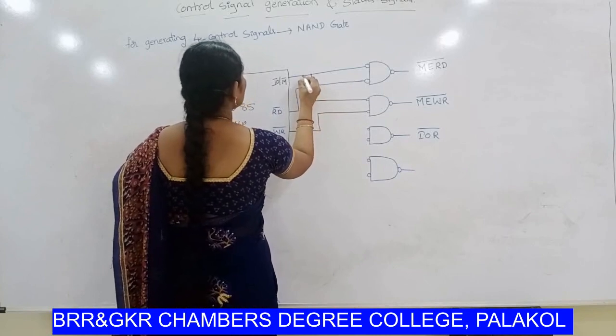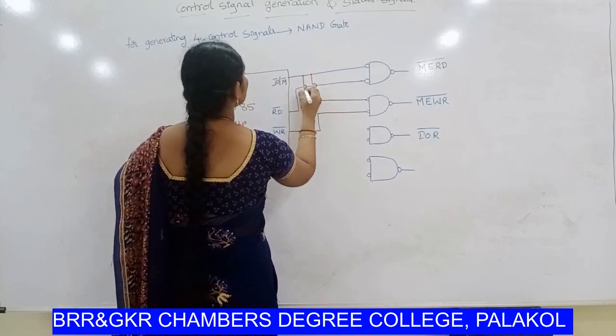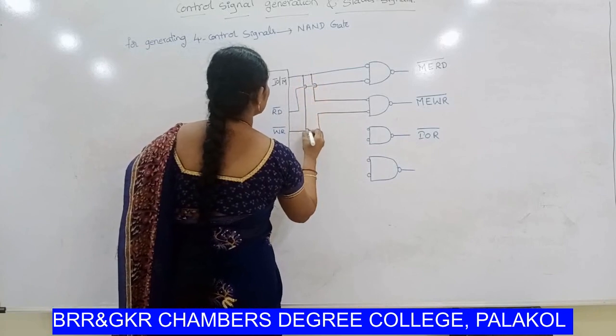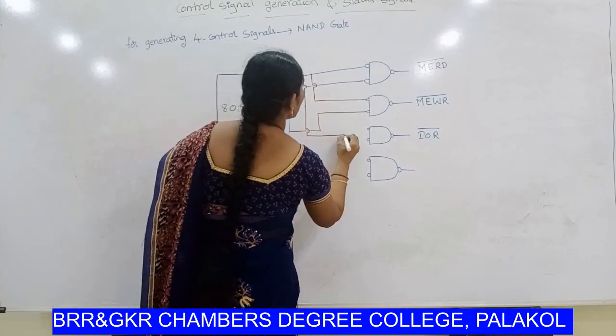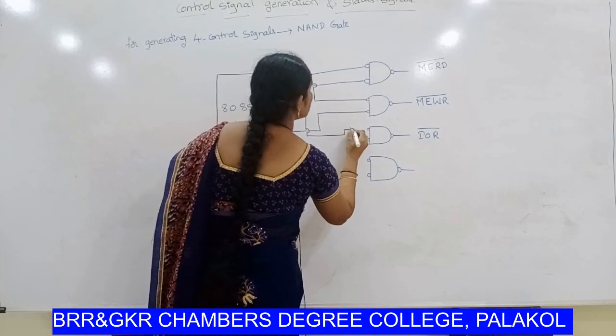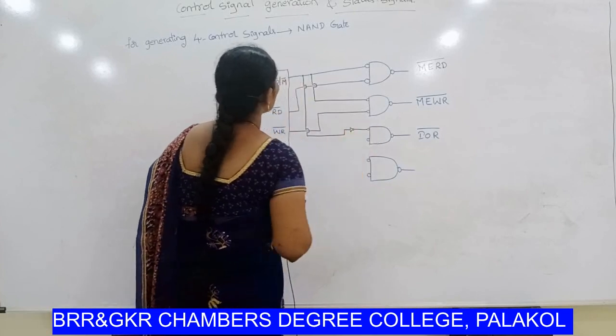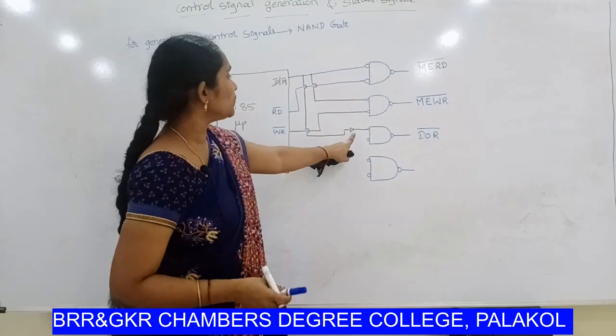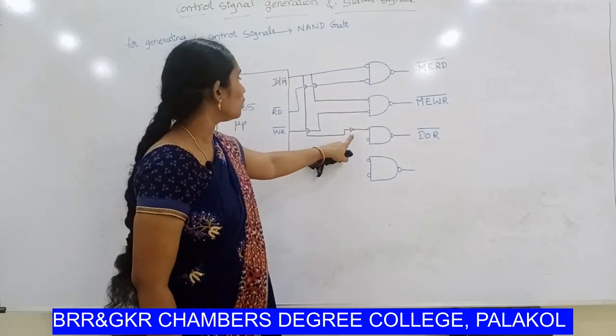From this again I will draw. Here this is IO, because I am using one NOT gate here.